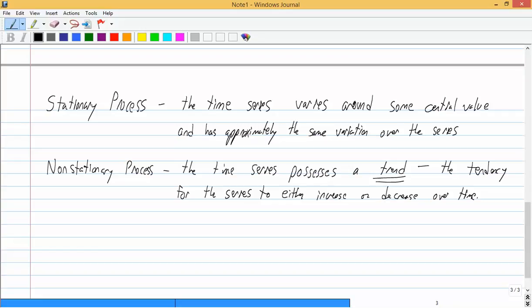Let's say that my A1C was taken every 4 months for the past 8 years, and it stayed around the same value. It didn't. Maybe it was 5.1 one time, and it was 5.8 another time, and then it was 5.2 the next time, and then it was 5.7 the next time, then it was 5.2 again. So it's staying around a certain interval. It's not really increasing or decreasing. Then that would be more of a stationary process.